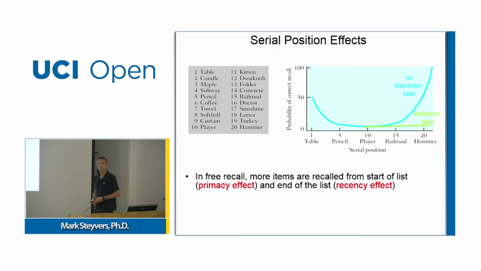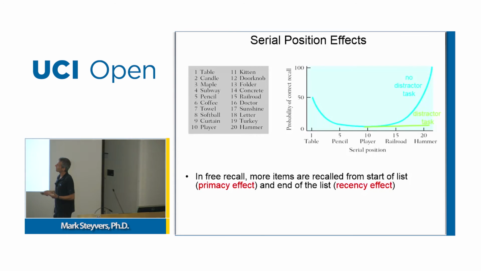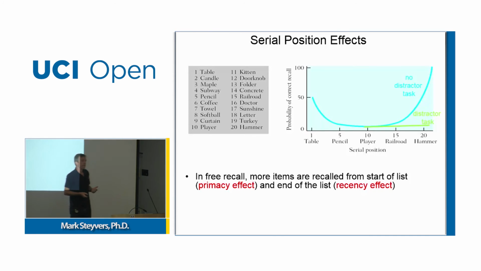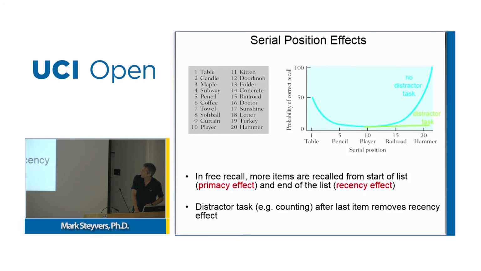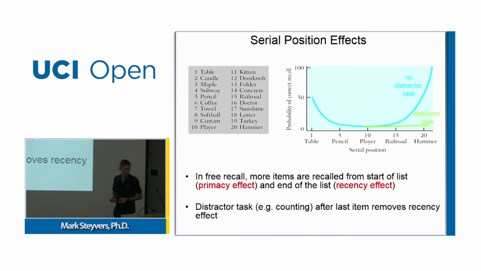However, if you interrupt or if you delay the recall, and after this 20th word hammer, you ask subjects to do some mental counting or other sort of mental exercise, and then you ask them to recall, you see the primacy effect, that's still there, but you get no recency effect. And that's sort of a curious finding. And the question is why? How can we explain this on the basis of these memory theories?